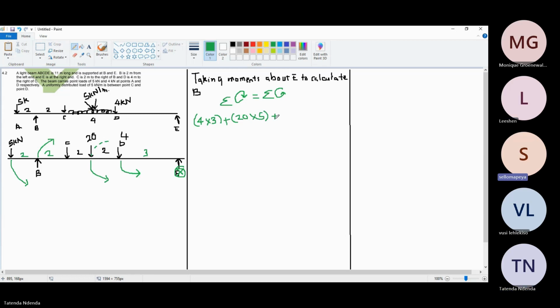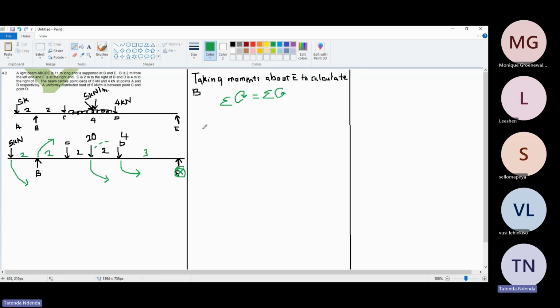Oh, I thought we were starting from the other side, from the 5 kilonewtons. Yes, I thought we were starting from the other side.